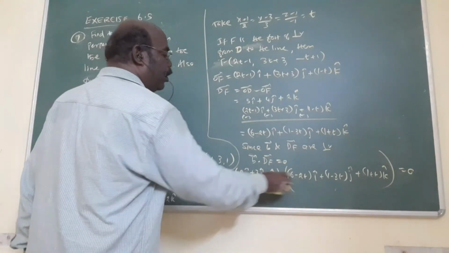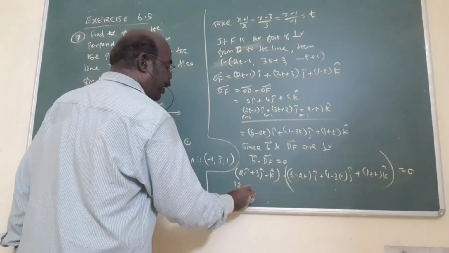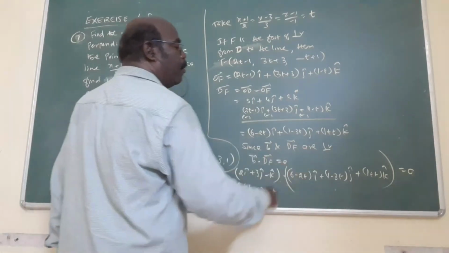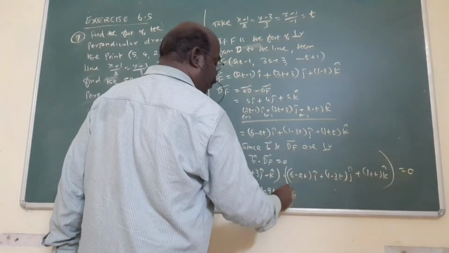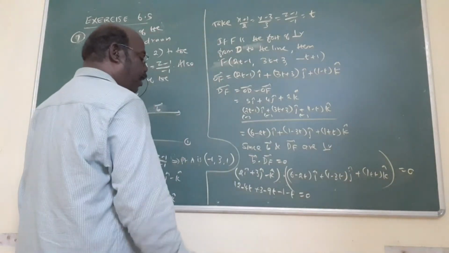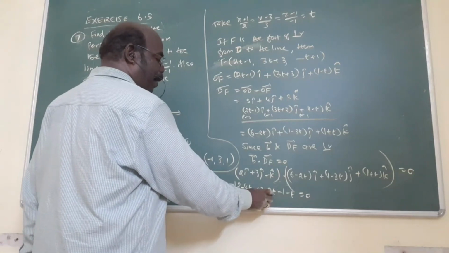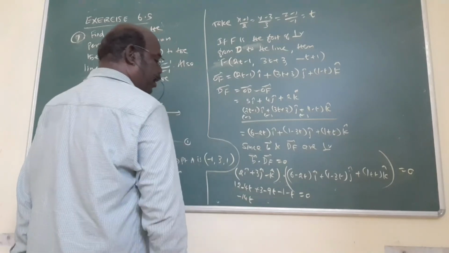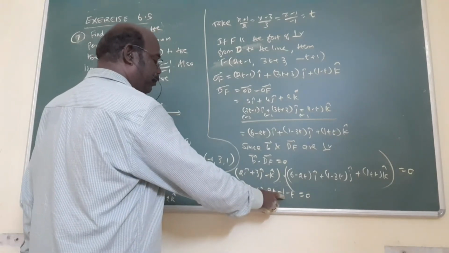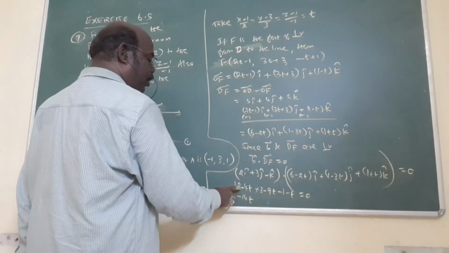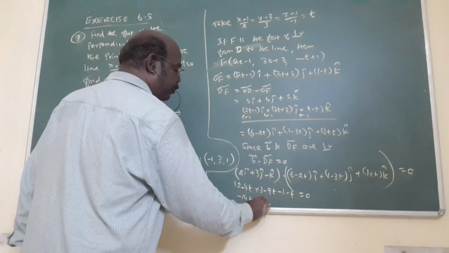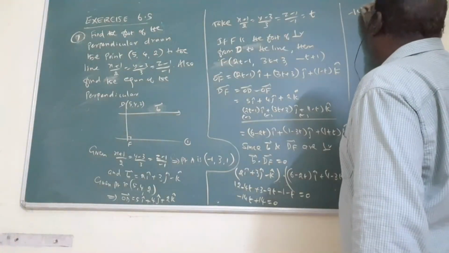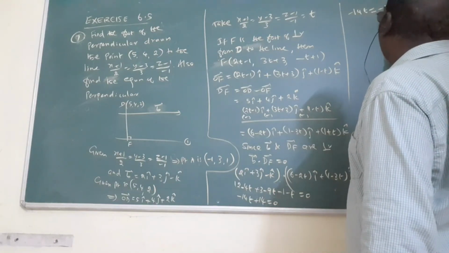Now 2 into 6 is 12 minus 4T, plus 3 into 1 is 3 minus 9T, minus 1 into (1 plus T), that is minus 1 minus T, equal to 0. Now minus 4T minus 9T minus T is minus 14T, and the numbers are 12 plus 3 minus 1, that is 14. So minus 14T plus 14 equals 0, so T equals 1.